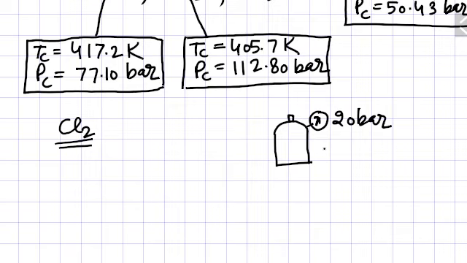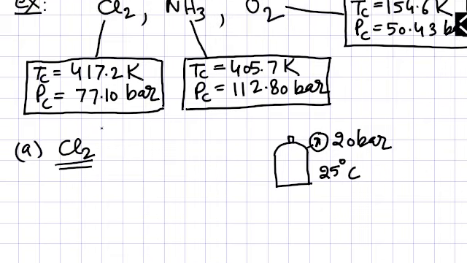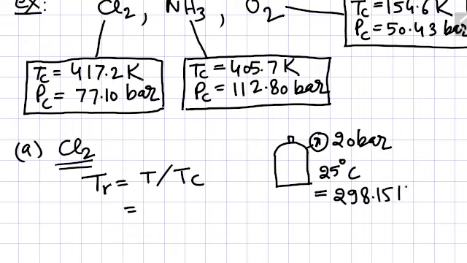The temperature is 25 degrees centigrade, and if you convert it to Kelvin you get the temperature in Kelvin.